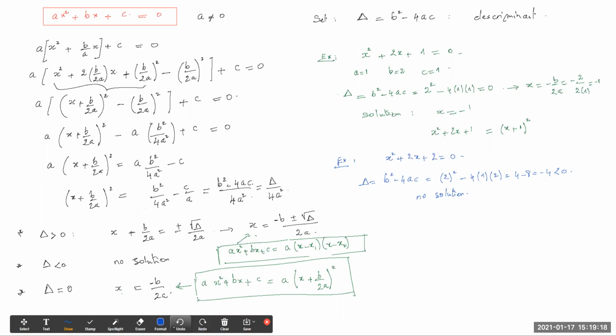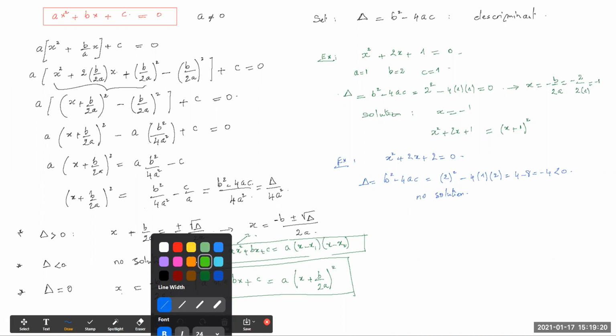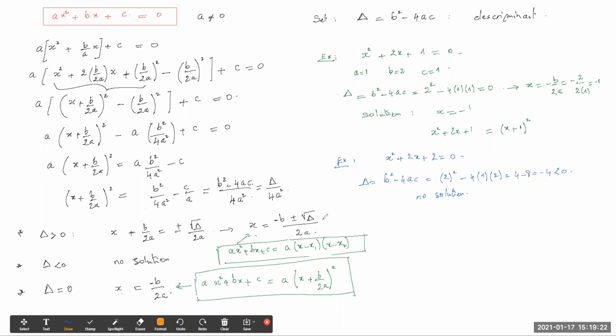And a third example, let's do this one. The third example is 3x square minus 5x minus 1 equals 0. Delta is b square minus 4ac, so it's minus 5 square minus 4 times 3 times minus 1, this is my c.